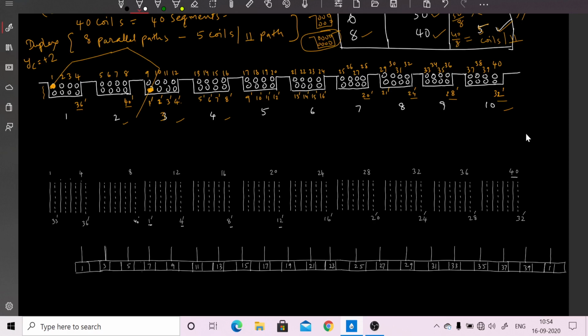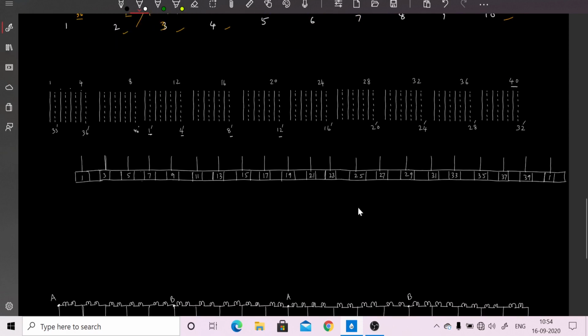Okay, fine. Now I have numbered the commutator segments 1, 2, 3, 4, 5, 6, 7 like that up to 40, and then again 1 repeats.